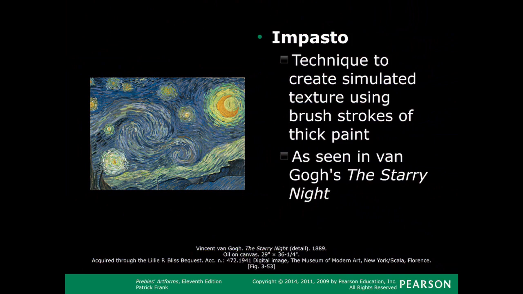And Van Gogh is known for the way he paints, and that he does what we call an impasto style, a technique that creates simulated texture using brushstrokes of thick paint.